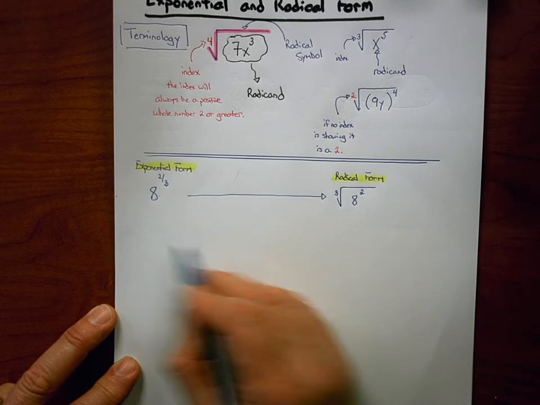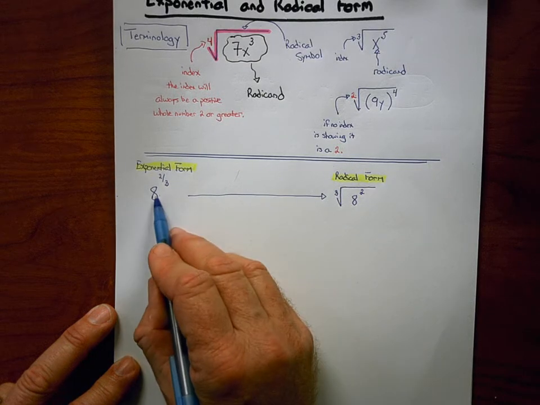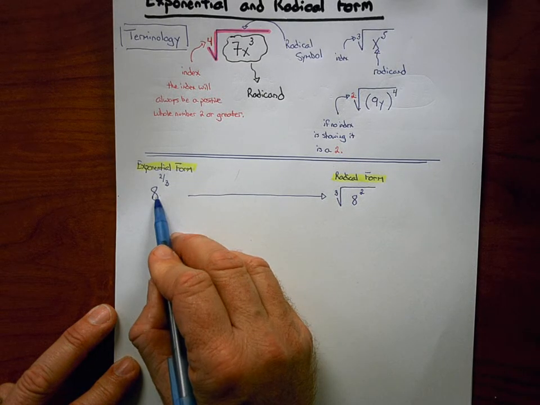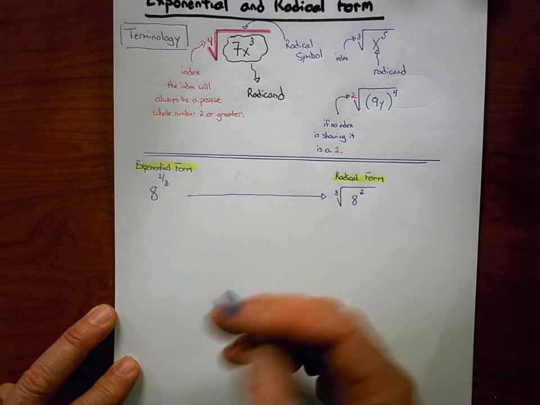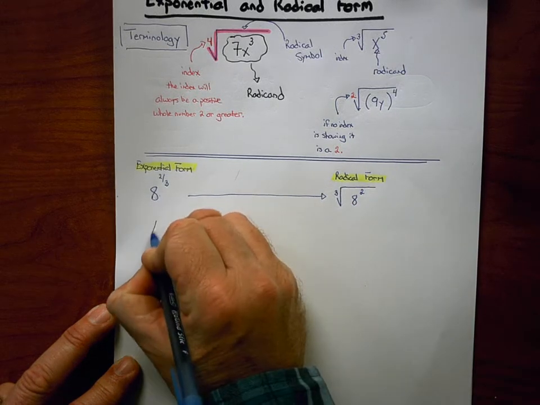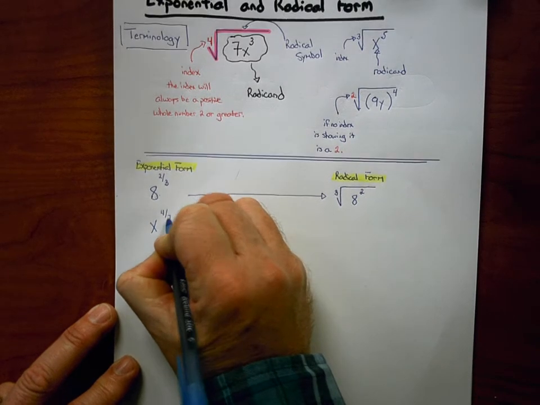This is all I want you to learn how to do today: write something from exponential form into radical form. We're going to do a couple of practices, and after a while you will get it. Let's say I have x to the 4/7 power.